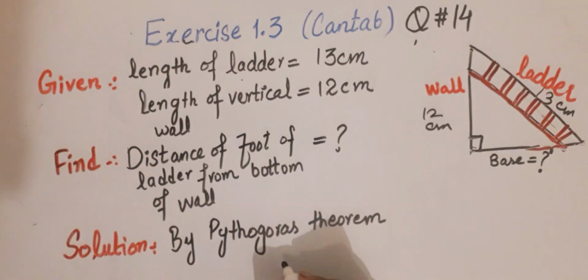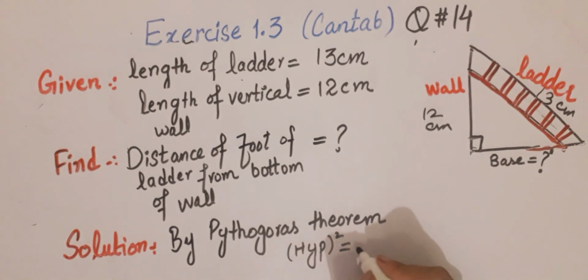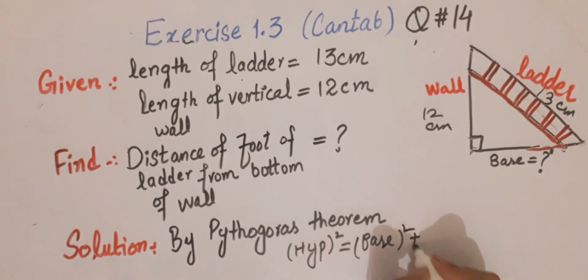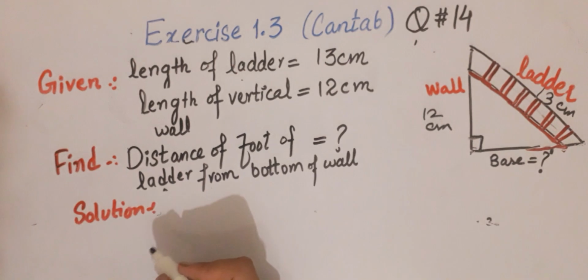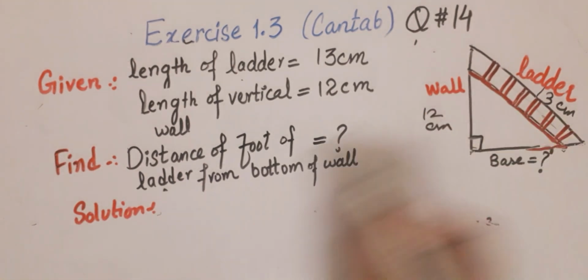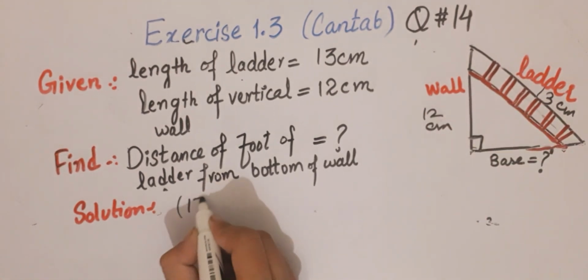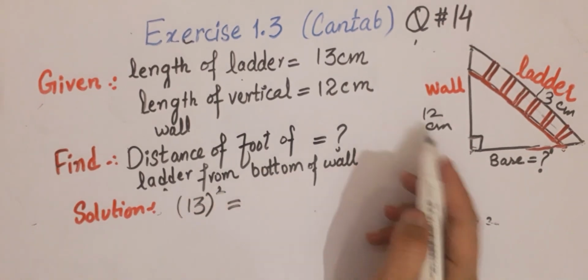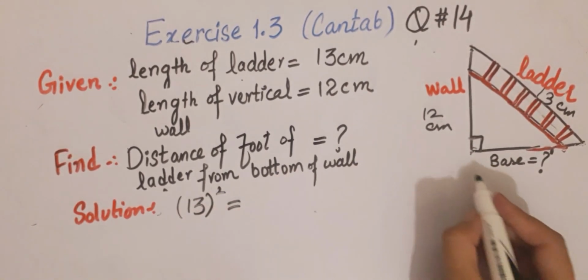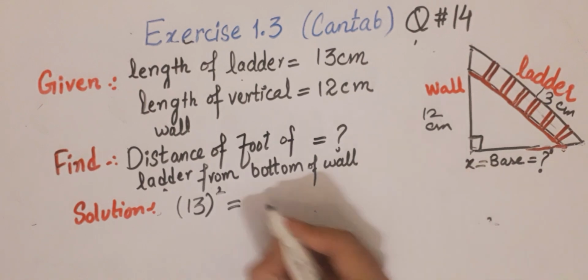We have hypotenuse square is equal to base square plus perpendicular square. We will apply this here. So what is the hypotenuse square which is equal to 13 square which is equal to base square. Base we will suppose as x.